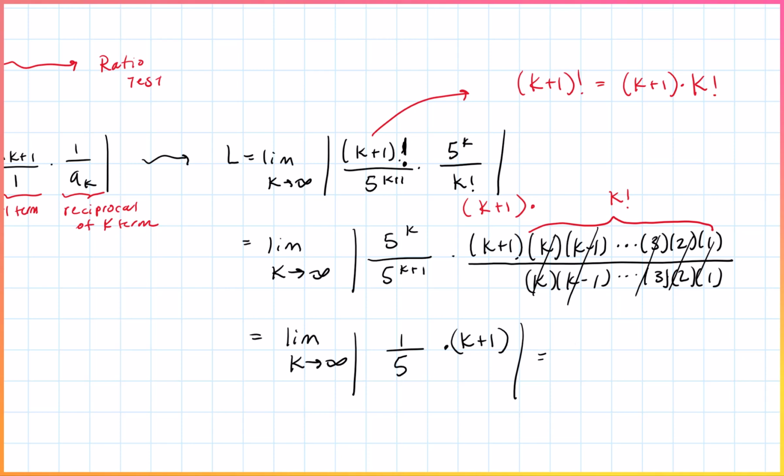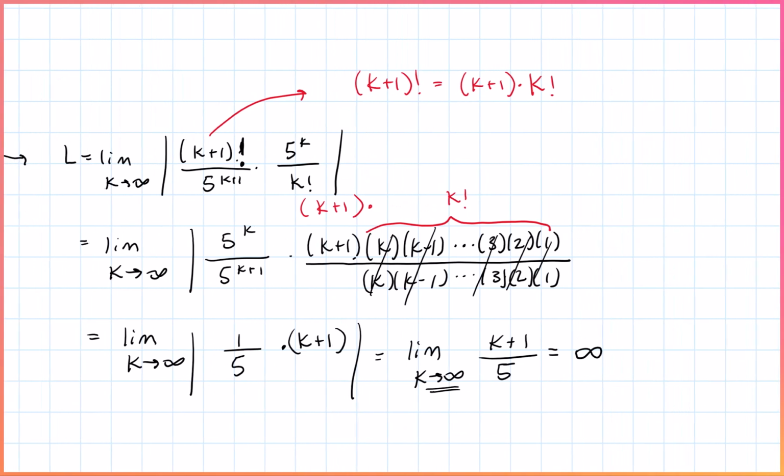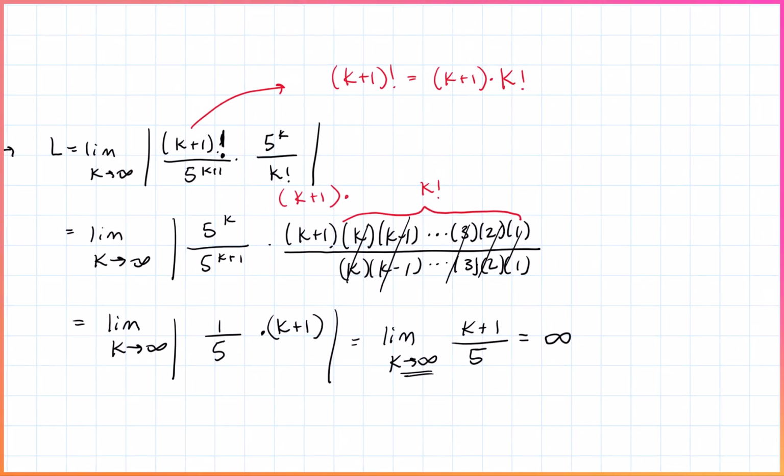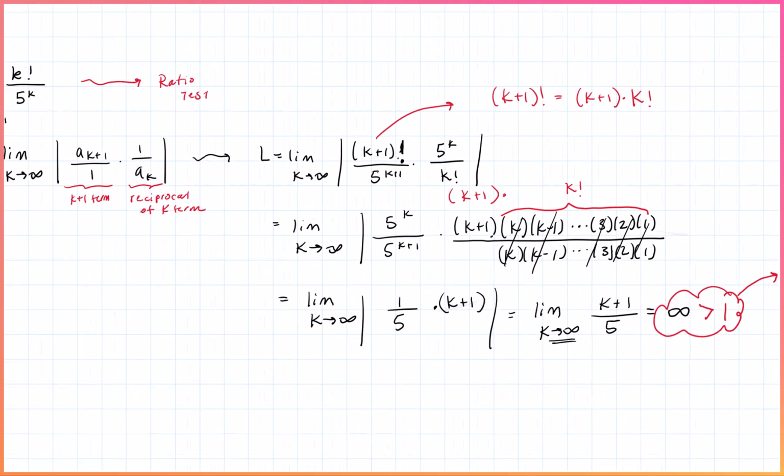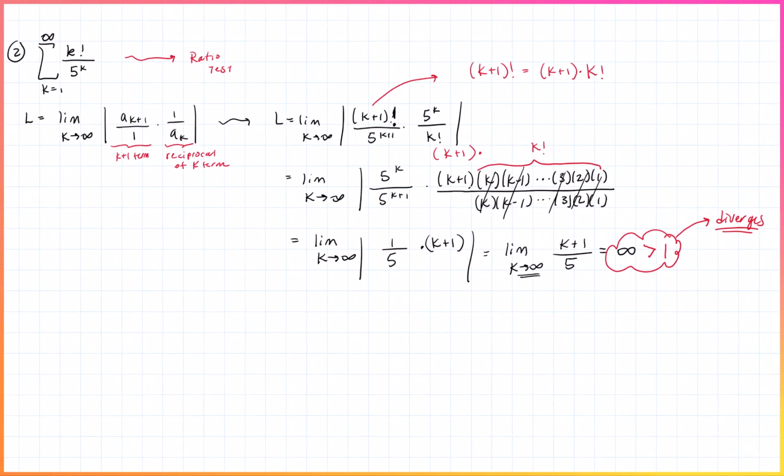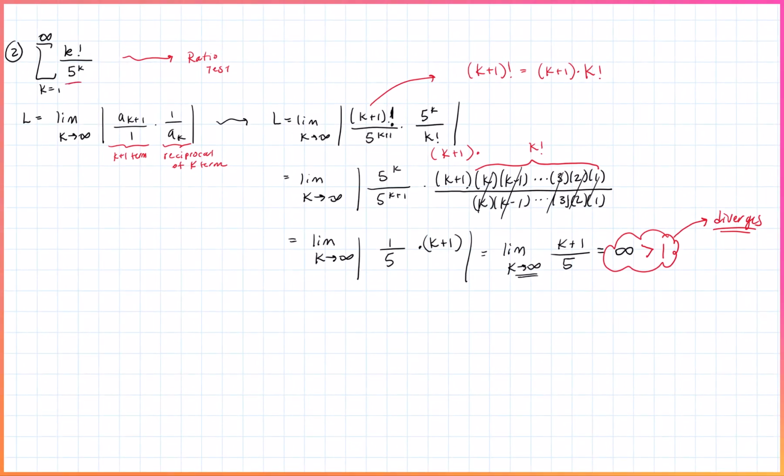And that is the limit as k is approaching infinity of, we can drop the absolute value, (k+1) over 5, and as k approaches infinity, this is going to grow without bound. And that is clearly greater than 1. So if that is greater than 1, what that tells me is that this is diverging. This has to diverge. And it's absolute divergence here, right? We have k! over 5^k.